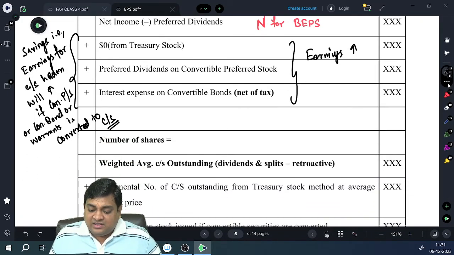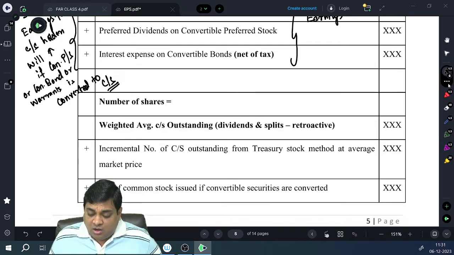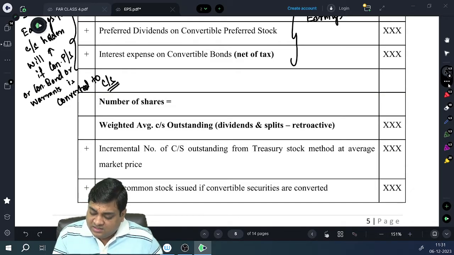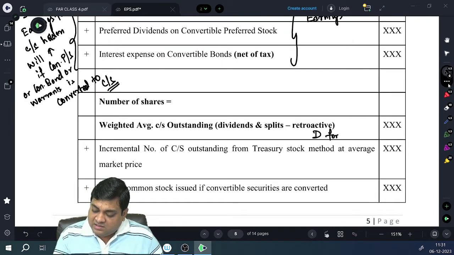Same is the case with the weighted average number of common stock outstanding, the denominator for BEPS.